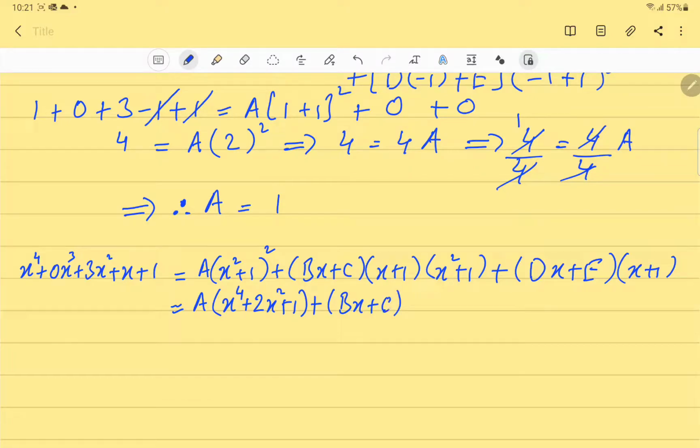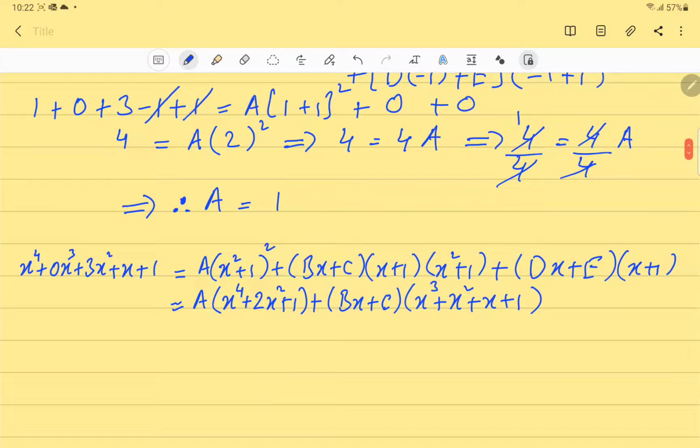First we will multiply these two, so we will be getting x cubed plus x squared plus x plus 1, plus dx squared plus dx plus ex plus e.